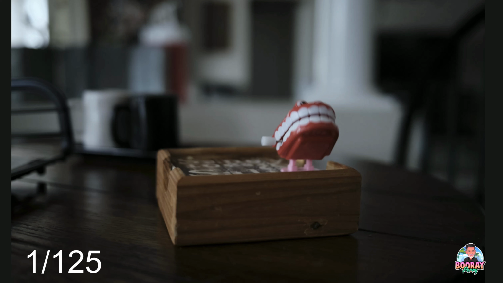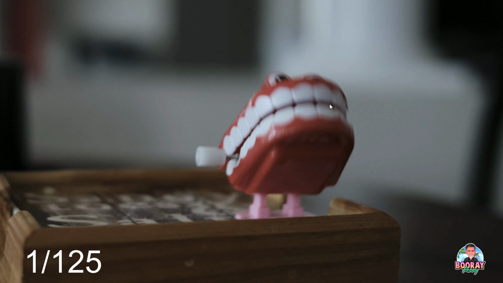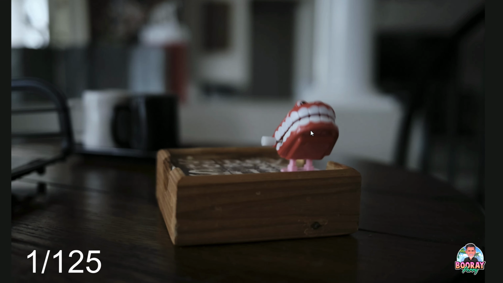Now I'm shooting this at ISO 1600, shutter speed 1/25 of a second, and f2, wide open on my Fuji X100V. And as you can see, I am definitely getting movement blur in the little toy. So I'm going to have to go faster than 1/25th of a second in order to freeze this motion.